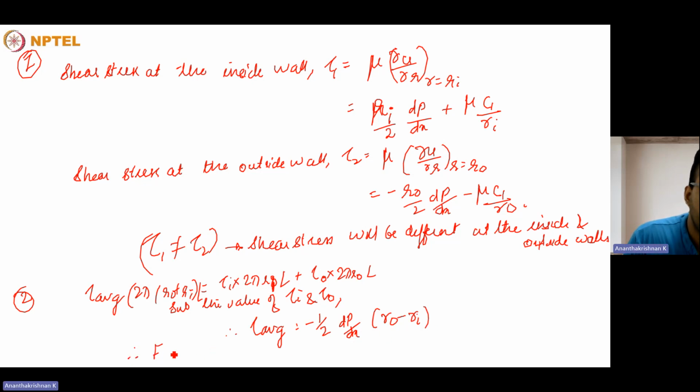Therefore, the friction factor f is equal to tau average divided by half rho u squared. So for tau average, we substitute the value minus half dou p by dou x into r outer minus r inner.